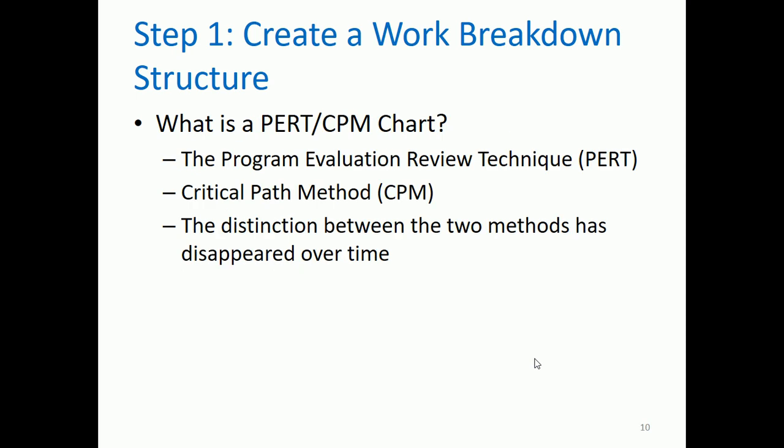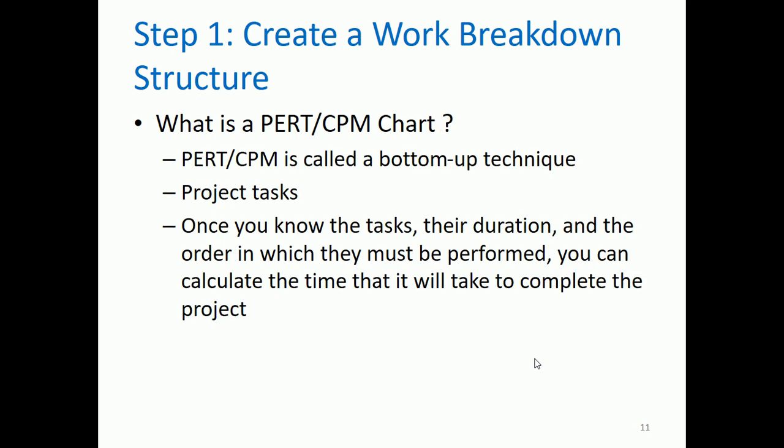So what is a PERT CPM chart? PERT stands for Program Evaluation Review Technique, and CPM is the critical path method. The distinction between the two methods has disappeared over time because PERT and CPM came together. PERT CPM is called a bottom-up technique.